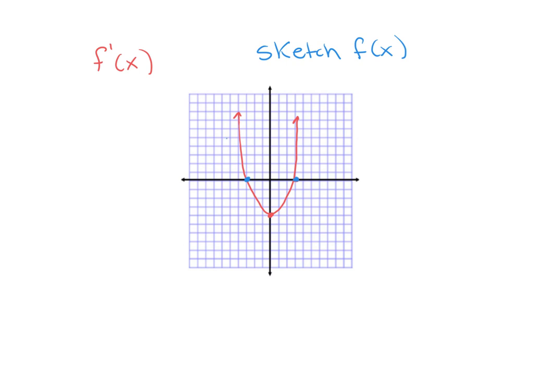And then where it's positive, your original function needs to be increasing. Where it's negative, your original function would be decreasing, and then here it's positive again. So at this x value, where the derivative is 0, that needs to be a relative max, because on the left of it, it needs to be increasing.